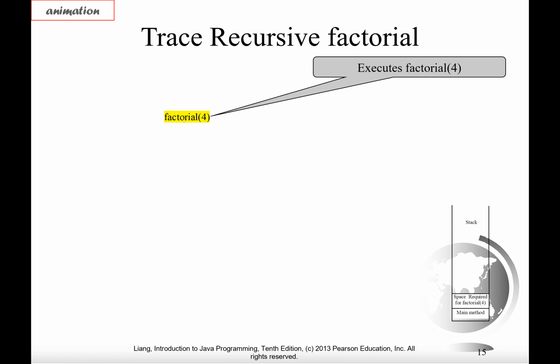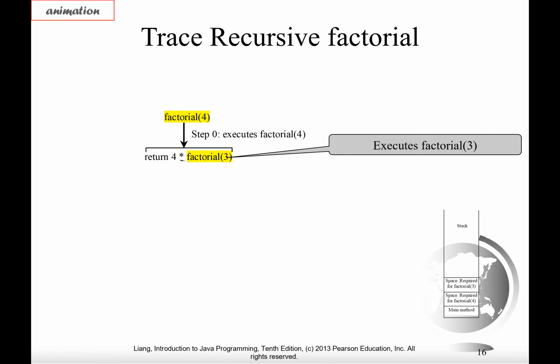So if we walk through the recursive factorial method, our first call will execute factorial 4. Basically what we do on our stack is we save a place in memory where we're going to save that return value. And then step 0 executes the factorial of 3. So we return 4, and then we need to multiply it by our next call, which is factorial of 3.